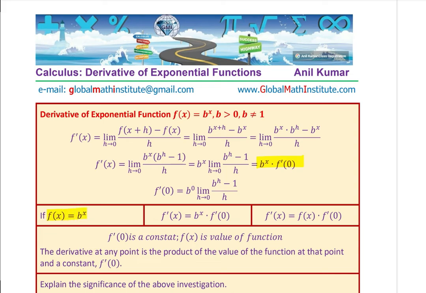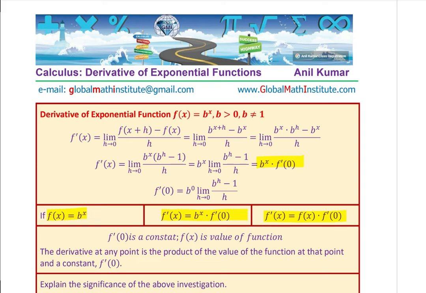So if the function is b to the power of x, then the derivative is the value of the function times the constant, which is the slope of the tangent at 0. So that becomes our general expression for any exponential function.